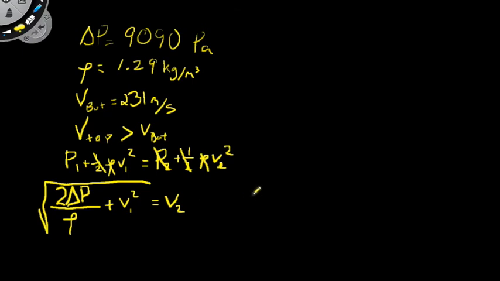So now when I punch everything into my calculator, I should get an answer that's around, let's see, 231 squared. This is what happens when you don't take any breaks from work. Plus 2 times my change in pressure, divided by the density of the air, which is 1.29.